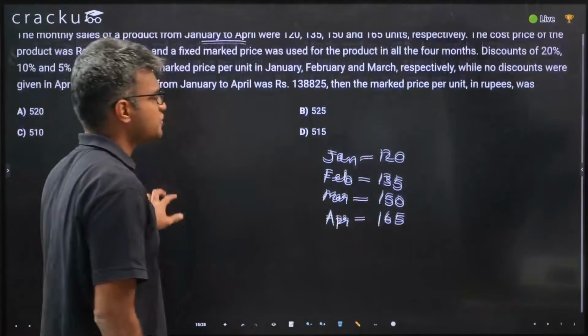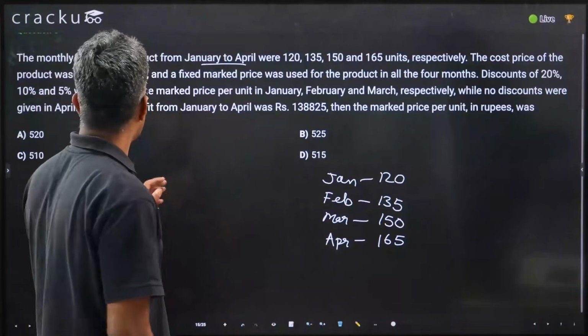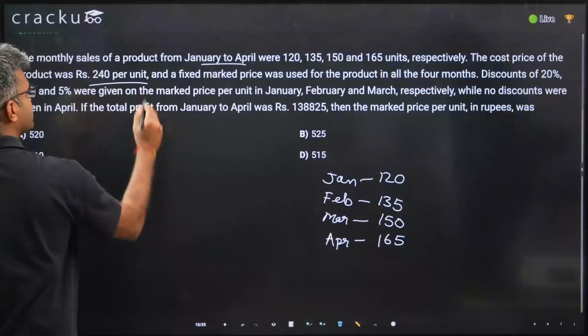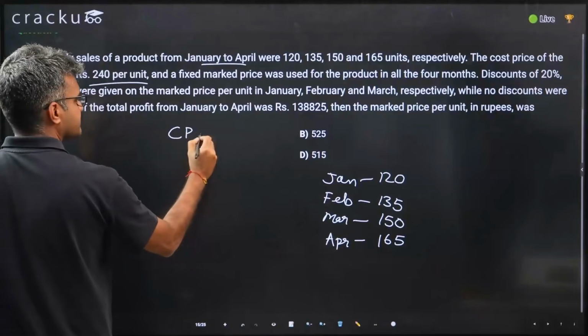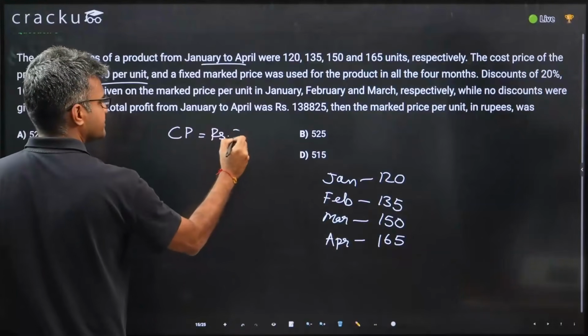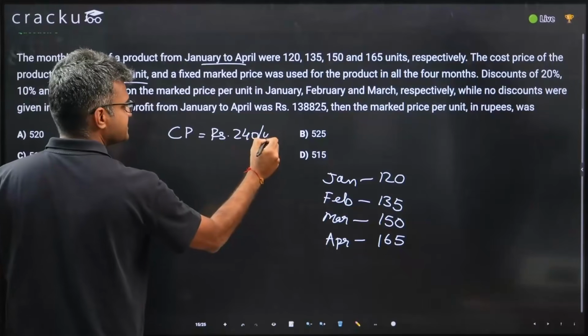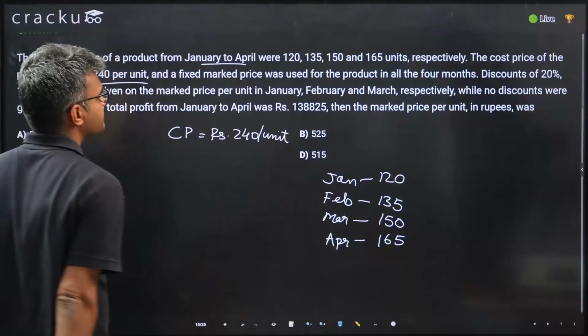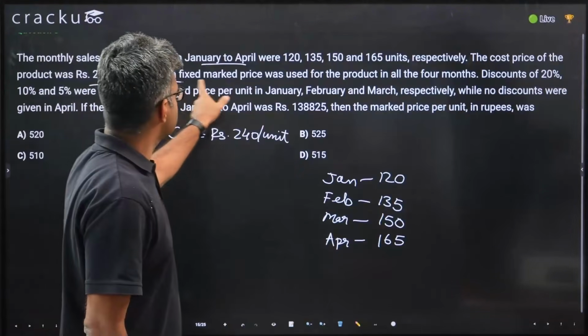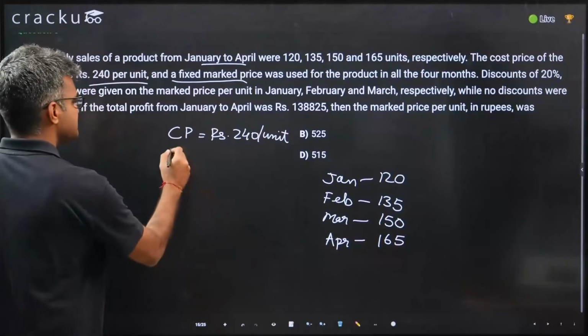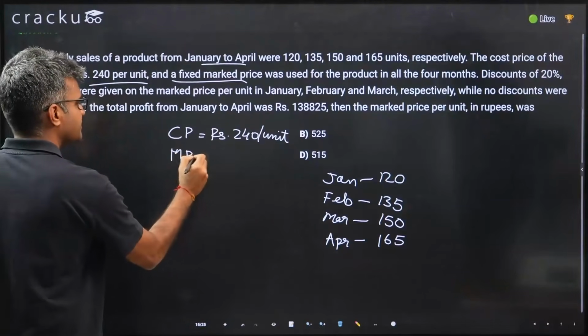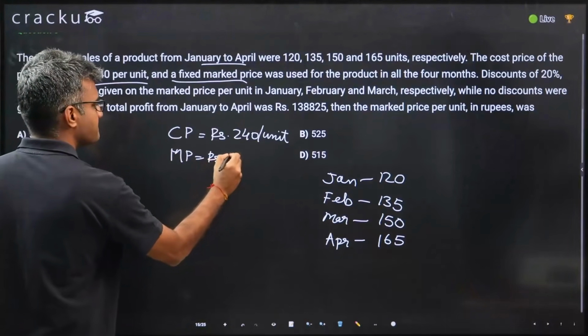These are the number of products sold in the 4 months. Now the cost price of the product is, sorry, 240 per unit. That is constant, it is fixed. And the mark price also is fixed. So let us assume that the mark price per unit is rupees M.